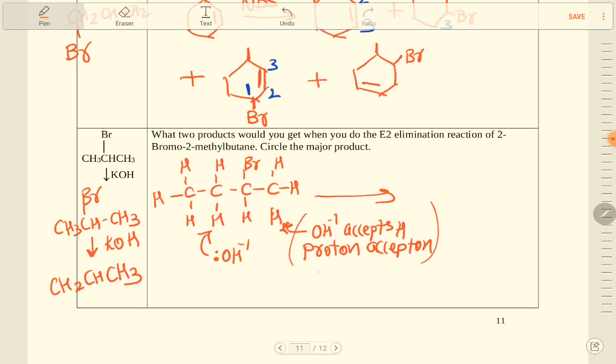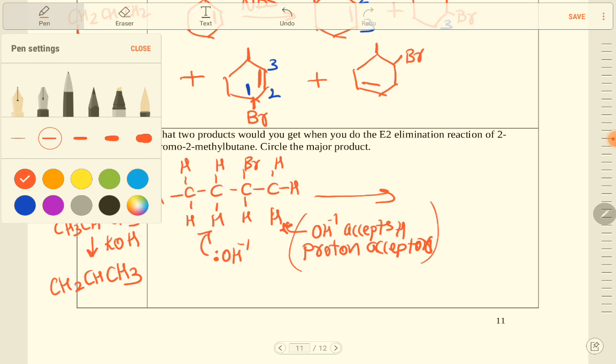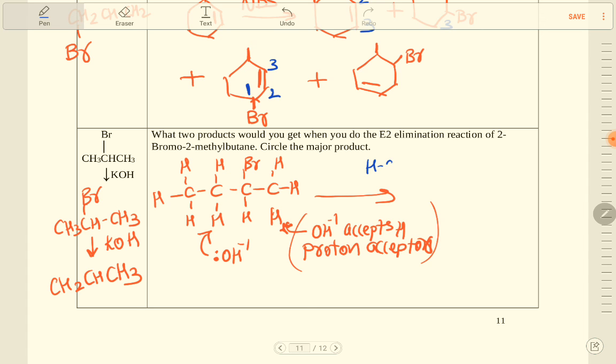OH is a proton acceptor, and so the product it forms, basically it forms 3 isomers. So I'm trying to draw the products. Okay, let's see if it fits here. I'm trying to draw some of those, not all.